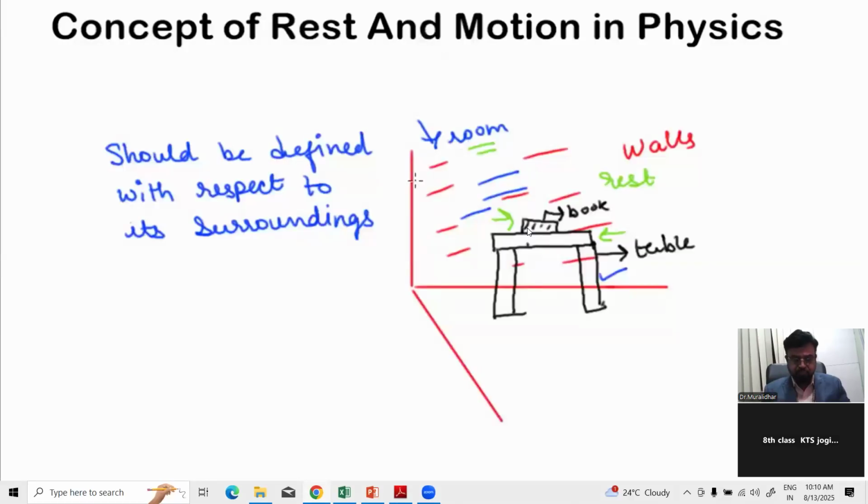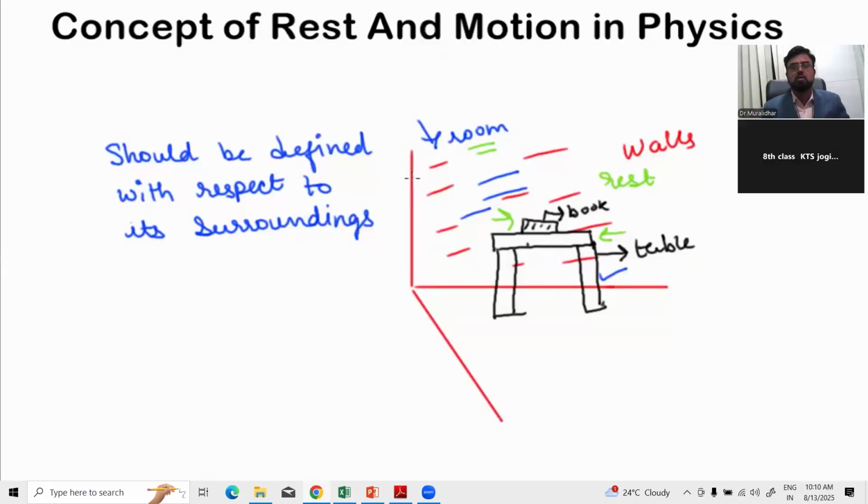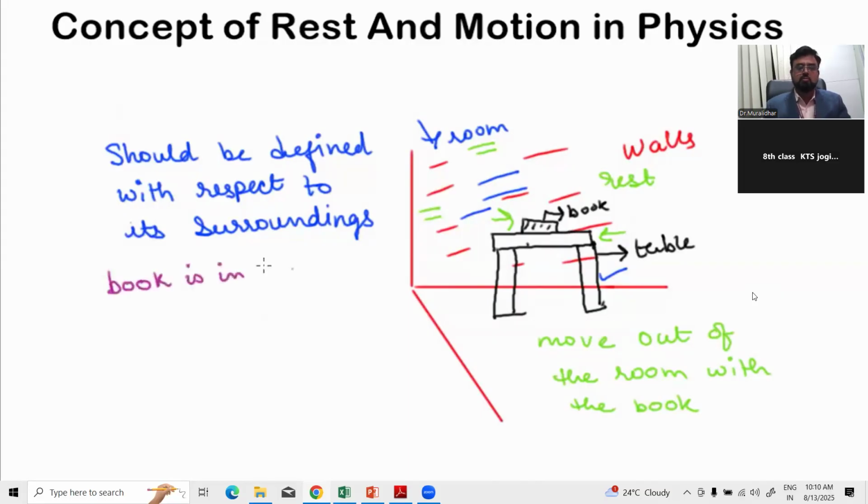Now you enter the room, pick the book, and begin to move out of the room with the book. Now in this case, the distance of the book from the walls changes as time passes.